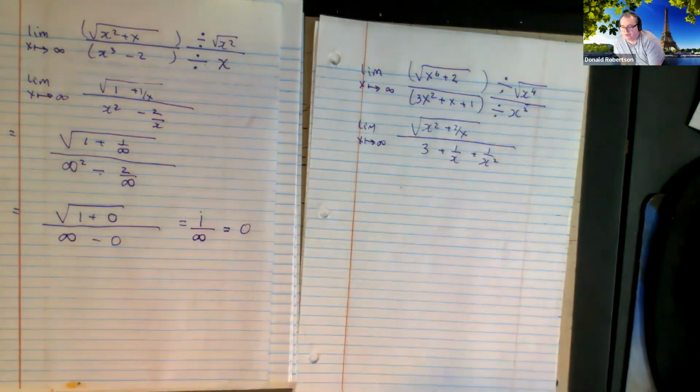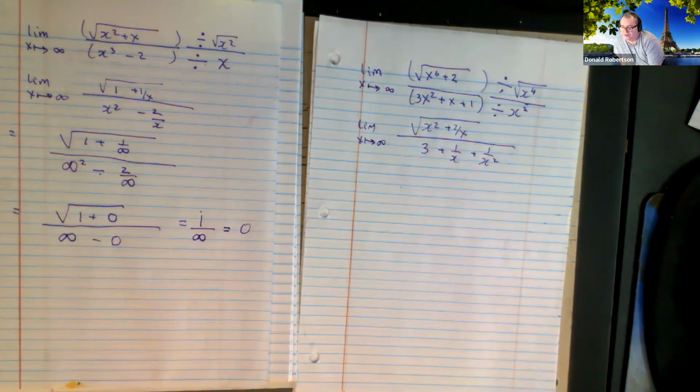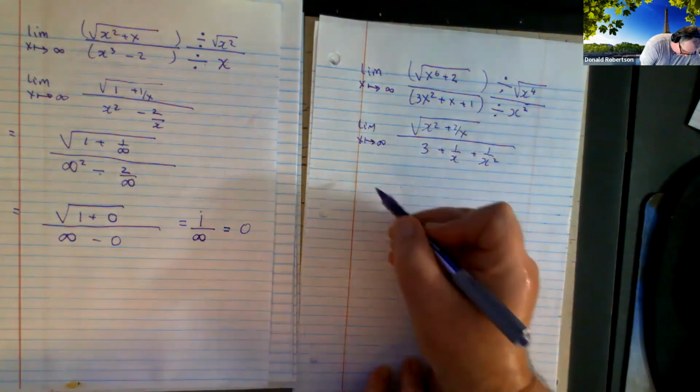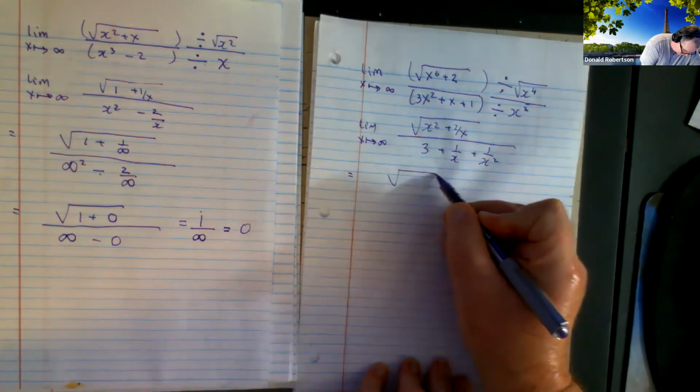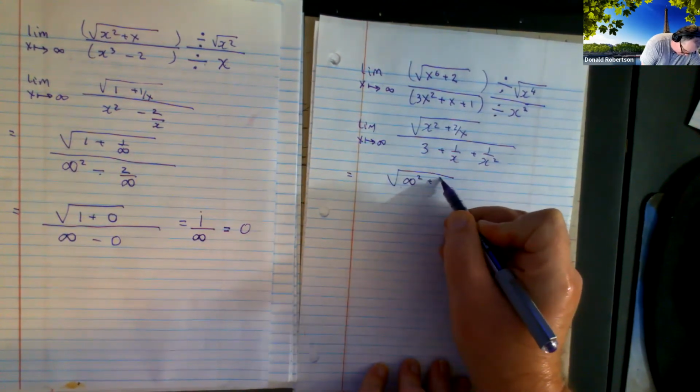Are we comfortable with that? We've been doing quite a lot of them today where you divide by things. Should be able to do the brute force now. Infinity squared plus 2 over infinity.